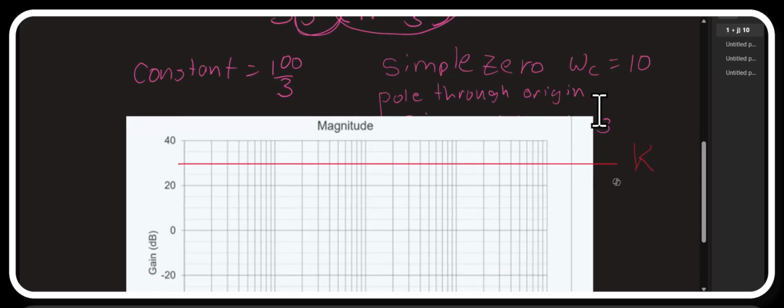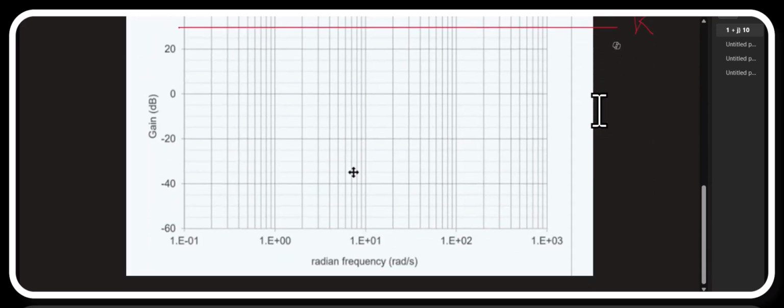Next, I'm going to do the pole through the origin. So a pole through the origin or a 0 through the origin goes through 1. And if it's a pole, it has a slope of -20, and if it's a 0, it has a slope of 20.